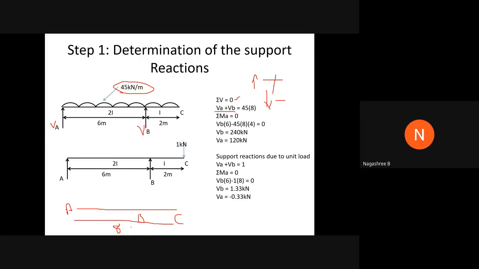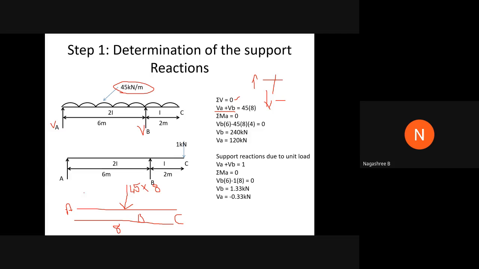Okay. So 45 kilonewton per meter it is there. Now you need to convert this 45 kilonewton per meter to the point load. So it will be 45 into 8, which is acting exactly at the mid span, because for a uniformly distributed load the centroid will be exactly at half of the distance.